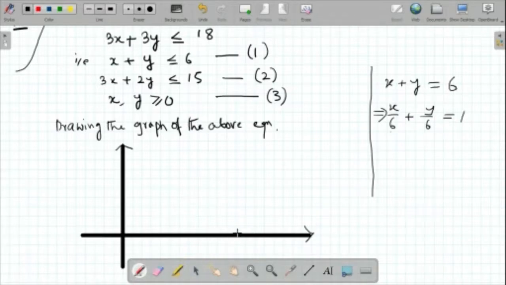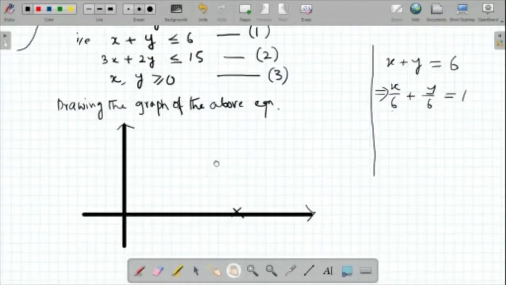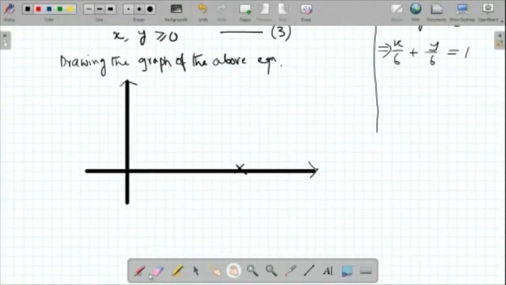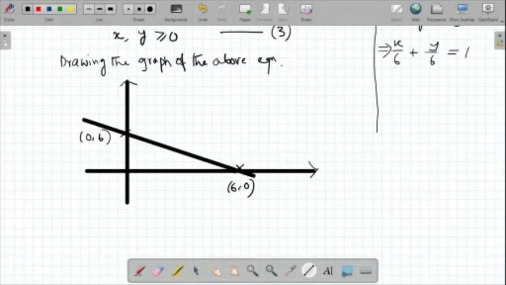So let's say this is my 6, this is 6 comma 0. The y-intercept is also 6, so let's say y is 6 here: 0 comma 6. Now let's join these 2 points.